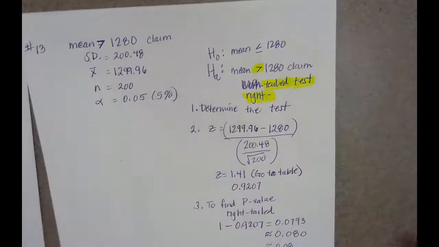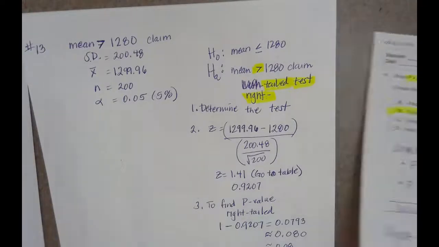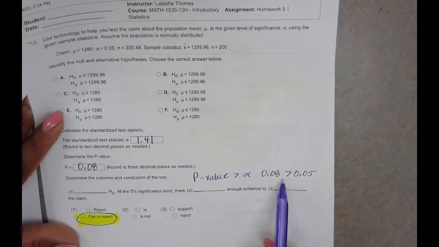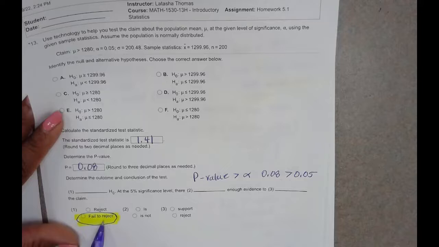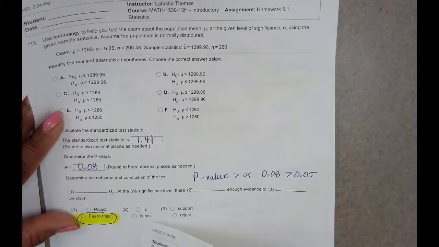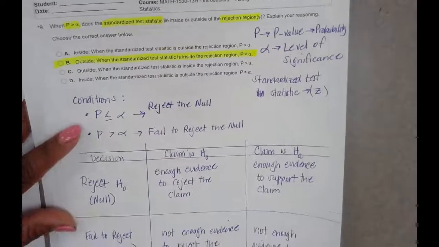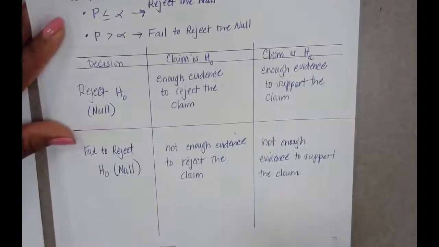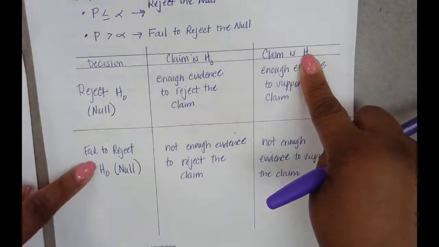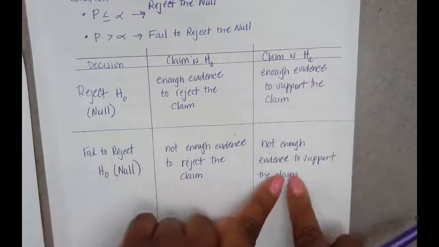The first thing I looked at is the comparison of the p-value to the level of significance. This told me to fail to reject the null. Now I need to consider where the claim is. That's going to tell me what words to use here. Since the claim is in HA and I'm failing to reject the null, I go here.